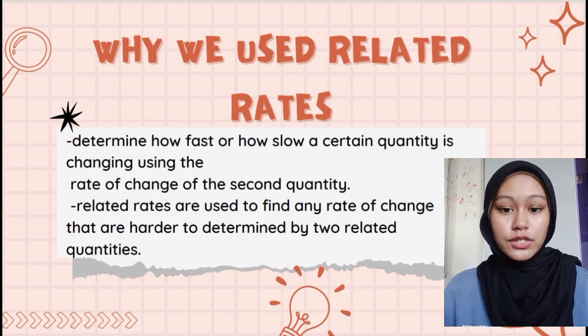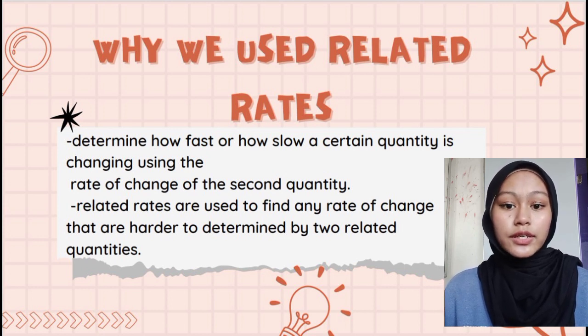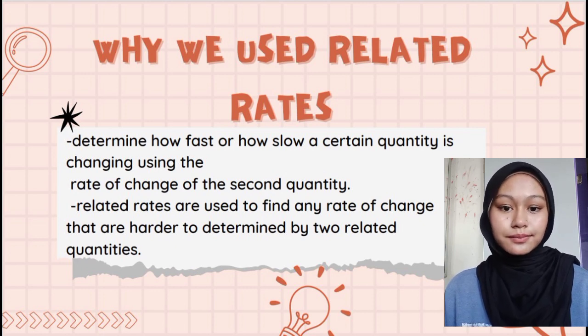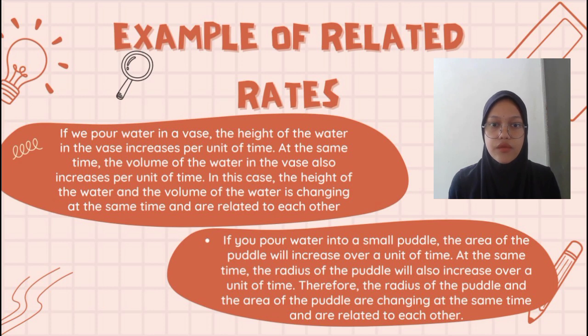The rate of change is usually with respect to time, because science and engineering often relate quantities to each other. The method of related rate has broad application in these fields. Differentiation with respect to time or one of the other variables requires application of the chain rule since there are several variables. Next, we take a look at examples of related rates.